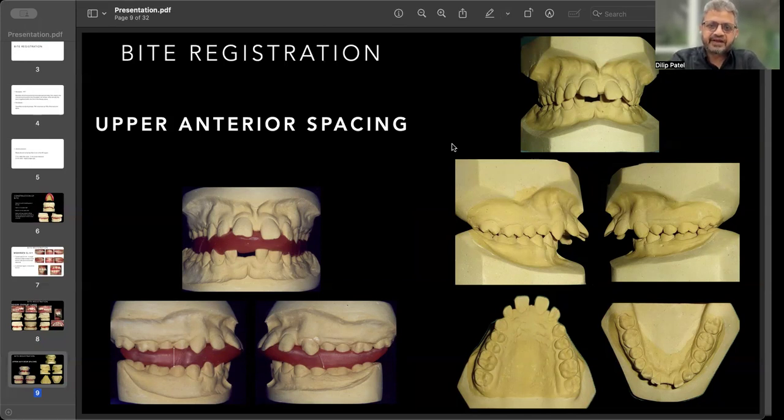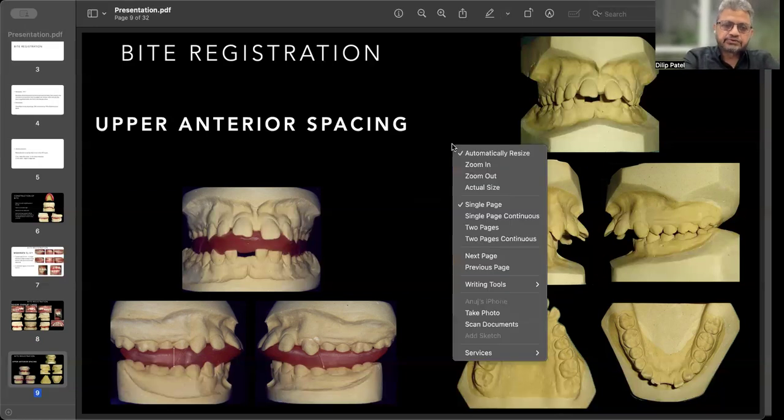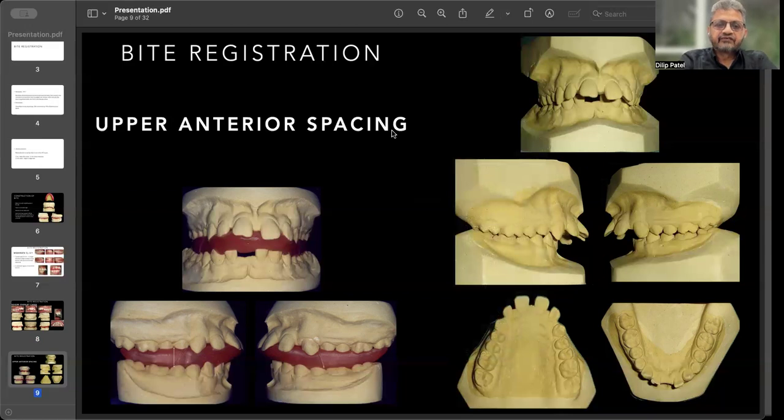Accordingly, instead of keeping an edge-to-edge relationship, you can keep a positive overjet of about 4 to 5 millimeters so that after the advancement of the mandible, the remaining overjet can be closed by closing the space in the anterior aspect. So that should be considered when you are taking a bite registration with a severe amount of anterior space.